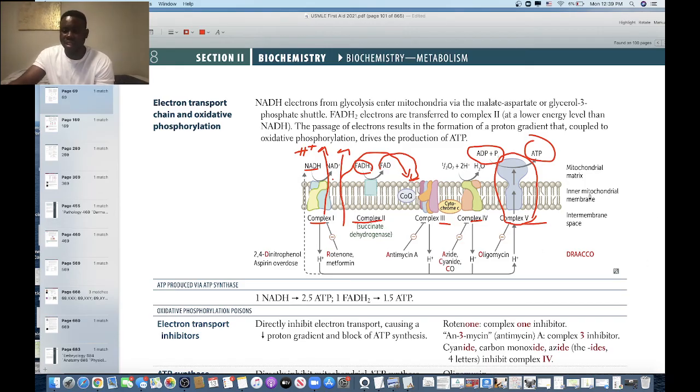This is the mitochondrial matrix, the inner mitochondria, and then the intermembrane space here. The matrix is the inner part of the mitochondria. That's why we are pumping all the H plus to create that electromotive force to help us synthesize the ATP.